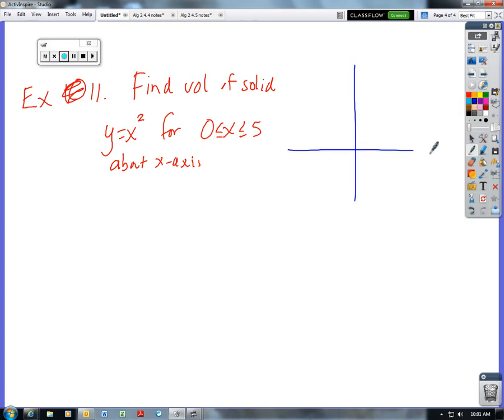So draw a picture. These are fairly simple ones. There definitely are ones that are a lot more complicated that you really have to have a picture for. But I'm still going to draw the picture so you can see how it's set up. So we've got y equals x squared, and we're going from 0 to 5.